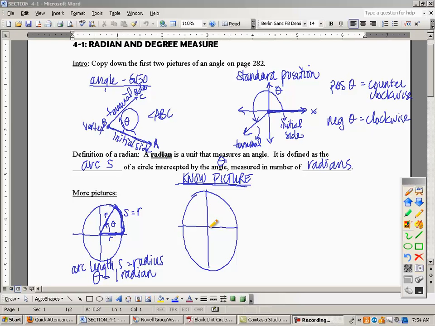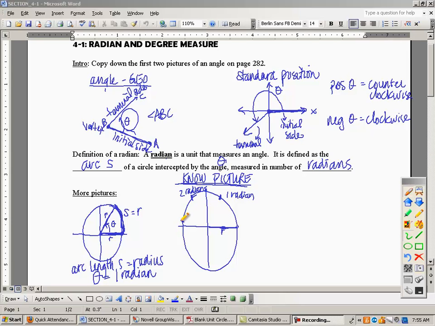So, okay, this is my radius, right? So if here's my r, 1 radian is the arc length that's the same distance as the radius. So if I eyeball it, this distance right here from here to here is about 1 radian. Okay, and if I go about that same distance, right here is 2 radians.